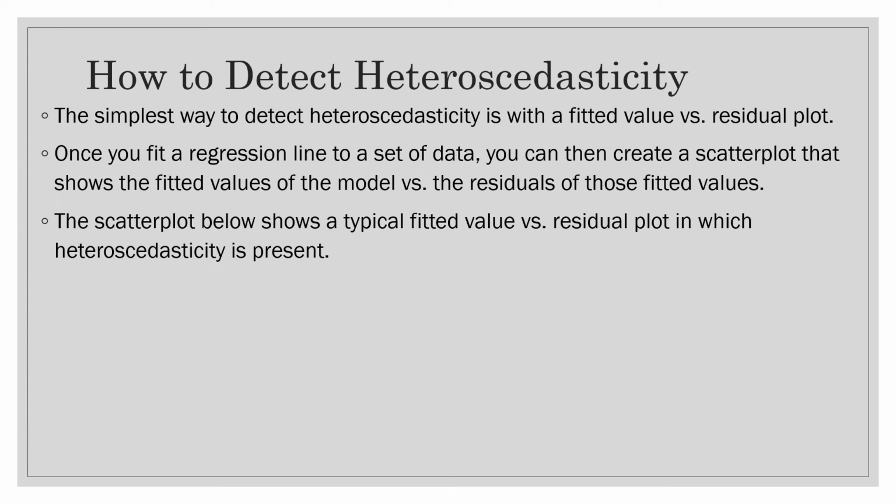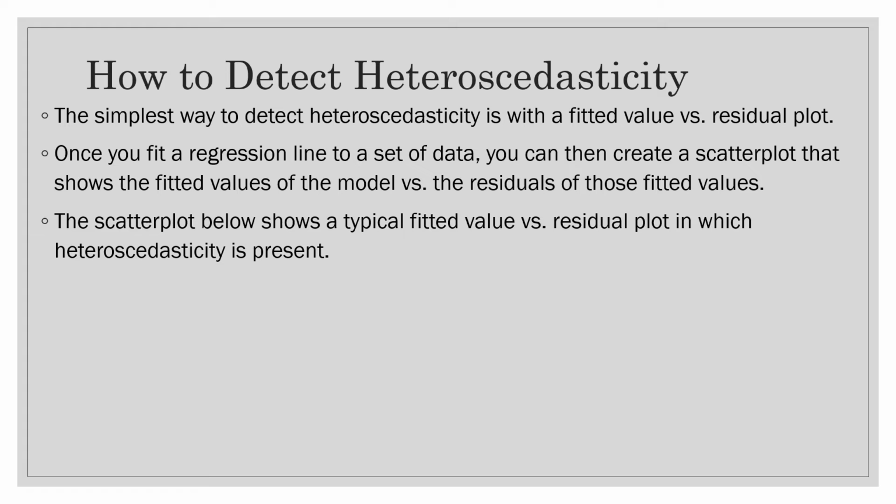Now, having discussed the causes of heteroscedasticity, let's understand the ways which could be used to detect the problem of heteroscedasticity. As I have already mentioned, if you go for residual plotting, this is considered to be one of the easiest methods, as in the case of autocorrelation.